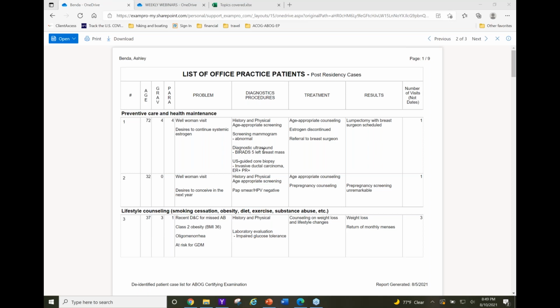Now, in this particular case, you took the patient off estrogen. Did you offer her any other therapy for her symptoms? Yes, I told her about the results, told her to stop the estrogen, told her we could discuss further options for management, like an SSRI, et cetera.